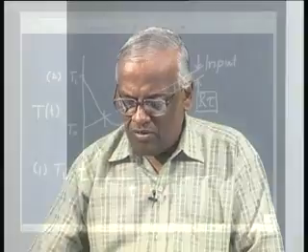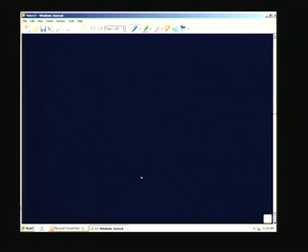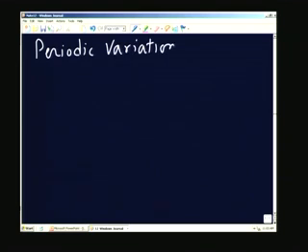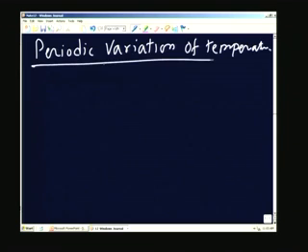that is the case of sinusoidal input, or we will call it a periodic input problem, periodic variation in temperature. There are many instances where periodic changes in temperatures are to be measured.